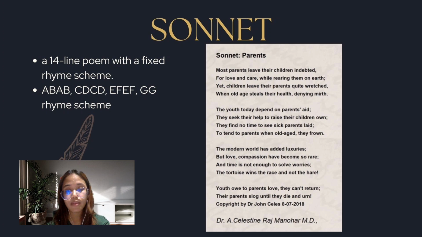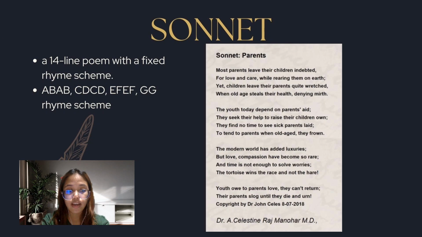Next, the same thing works with the second stanza. However, it has a different set of rhyming words here. So we will be moving on from the letters A and B, and in the second stanza we use the letters C and D. The first line's last word, aid, rhymes with the third line's last word, laid.